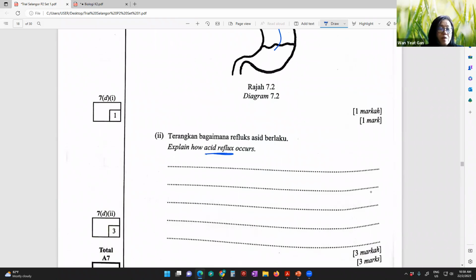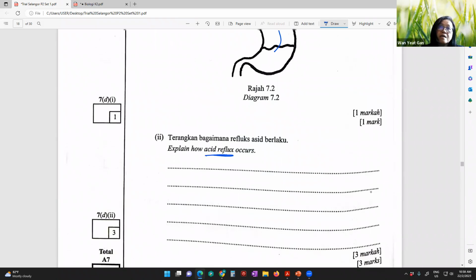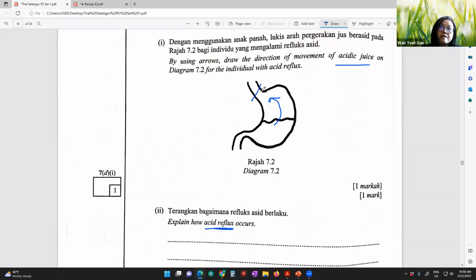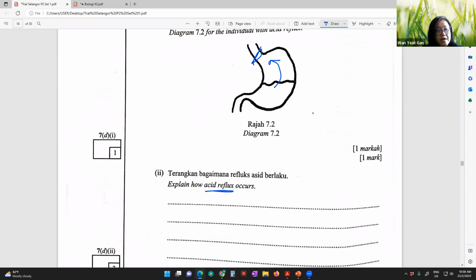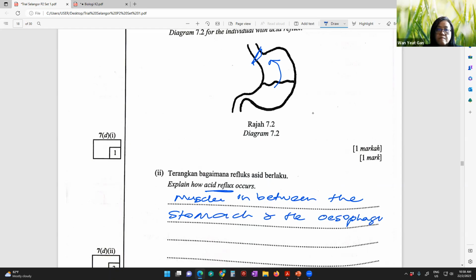Now, it is because in between the stomach and the esophagus, there's a muscle here, and the muscle did not contract. So the muscle in between the stomach and the esophagus did not contract properly, right?